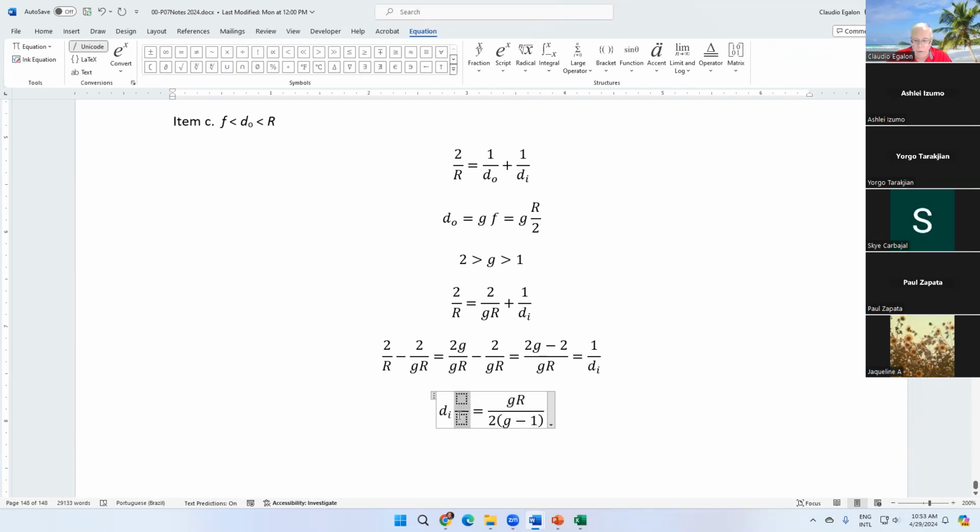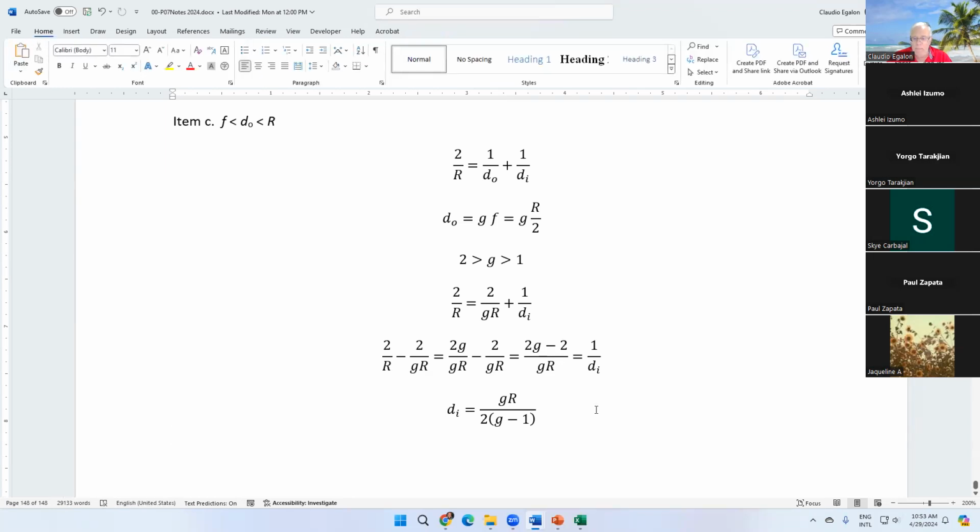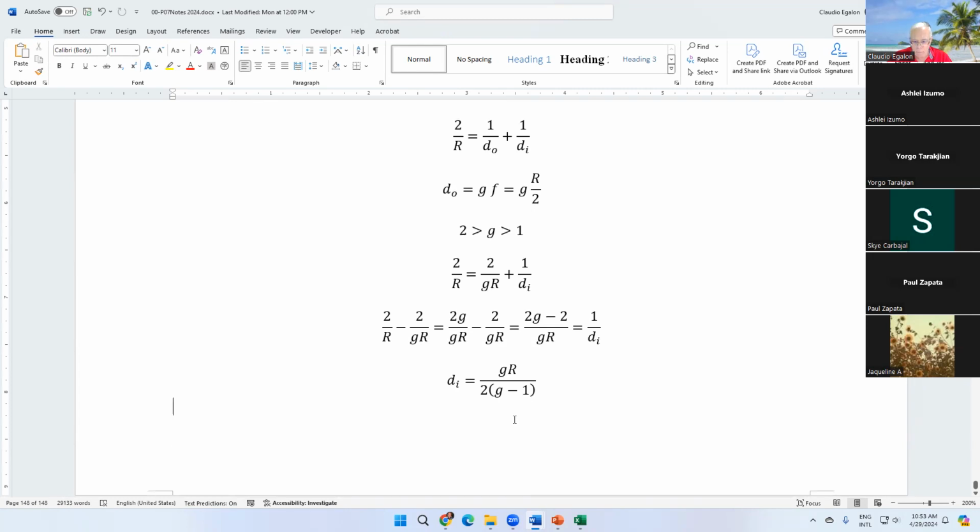Don't forget, G is between 1 and 2, right? G is between 1 and 2. Greater than 1, less than 2. And what happens? This term will always be less than 1. Always be less than 1. Okay?